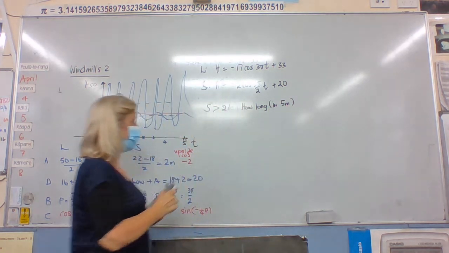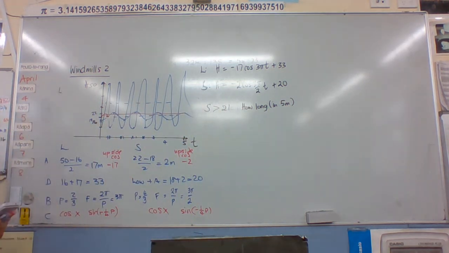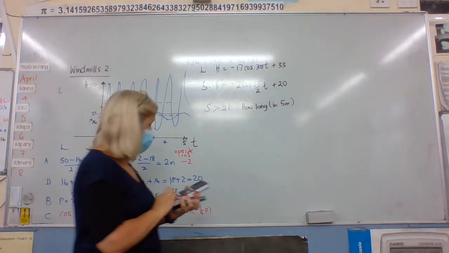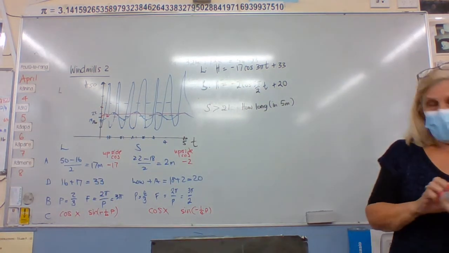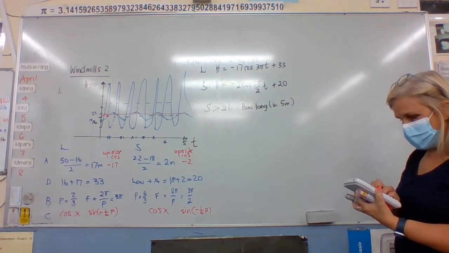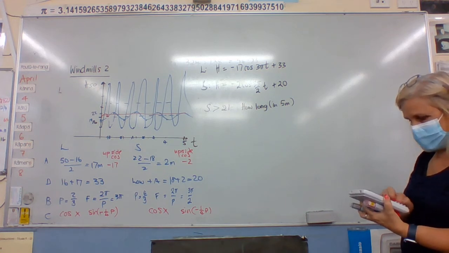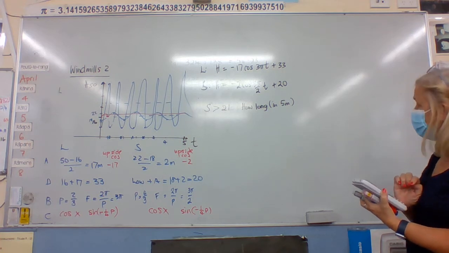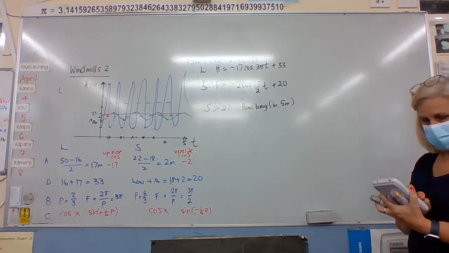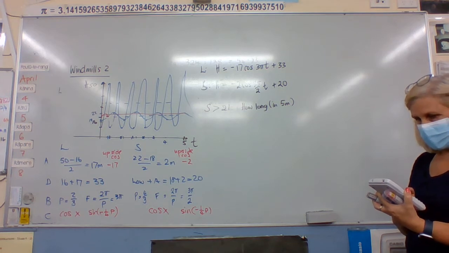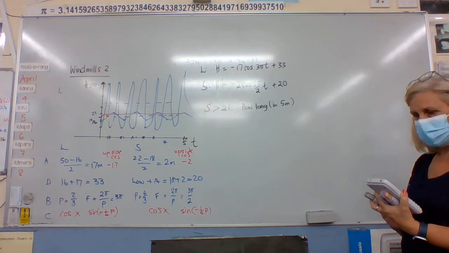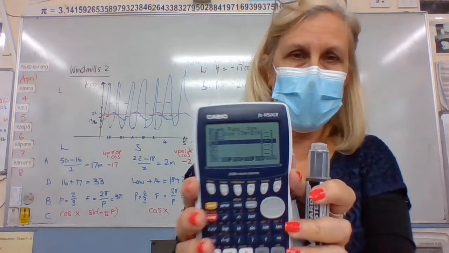So I'm going to just put the small one in from the equation: -2 cos bracket 3 pi divided by 2 bracket t, which is x, plus 20. And we need it bigger than 21, so that's on our second line.